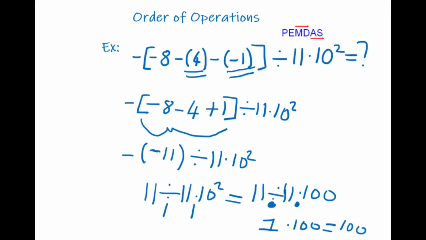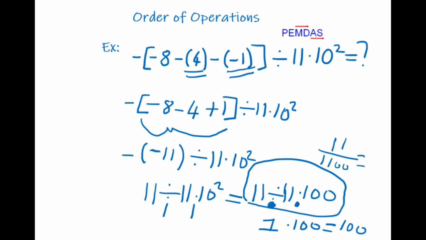Here, if you realize, guys, instead of making division, if you do the multiplication, if you multiply 11 by 100, it's going to be 1100, and if you divide 11 by 1100, that's going to give you something different.